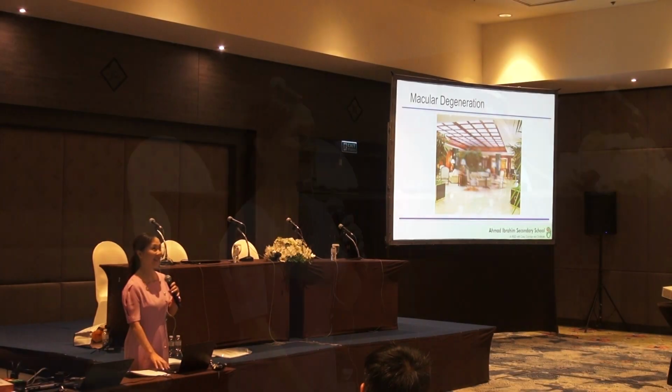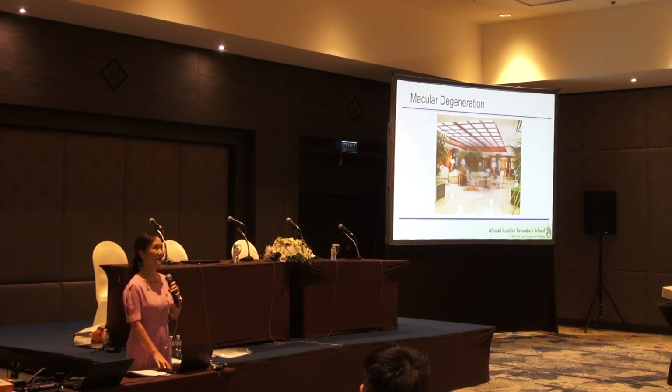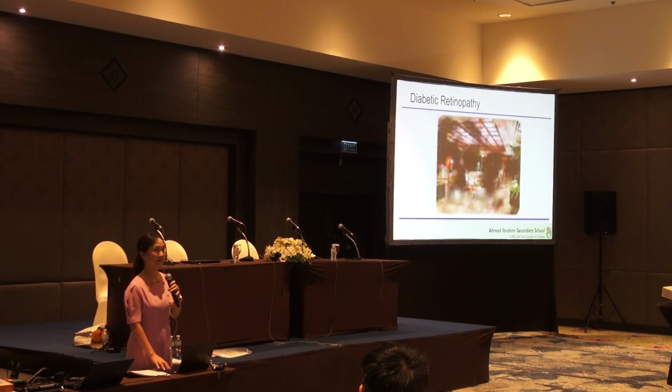Okay, so this is the whole list, right? This is how a person with macular degeneration will see through their lens. This one as well. This is how a person sees through his lens.